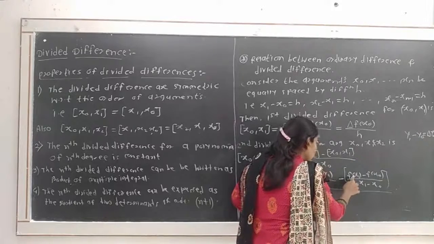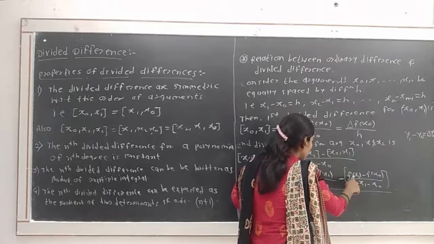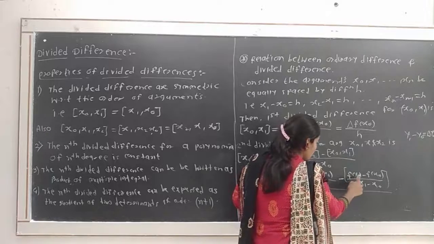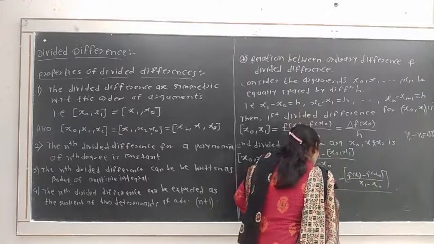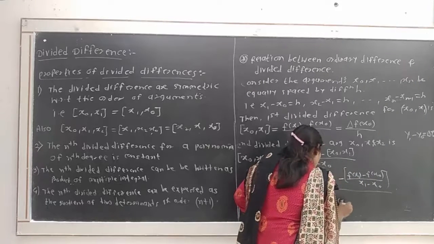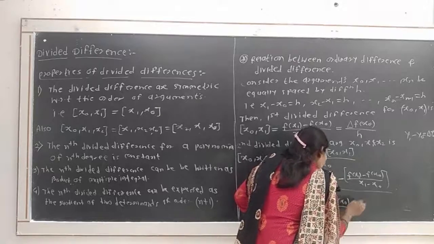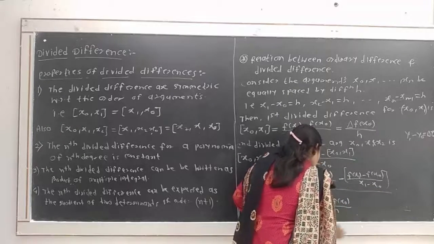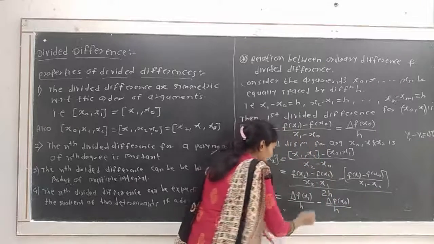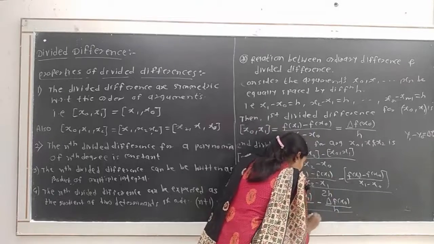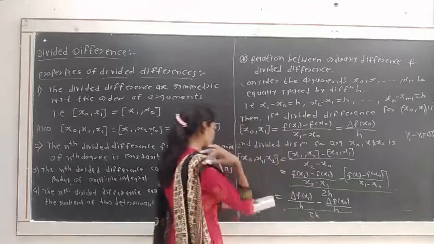Then minus, again using the definition of forward difference, f of x1 minus f of x0, that is delta f of x0, divided by x1 minus x0, that is h, and the whole divided by 2h.